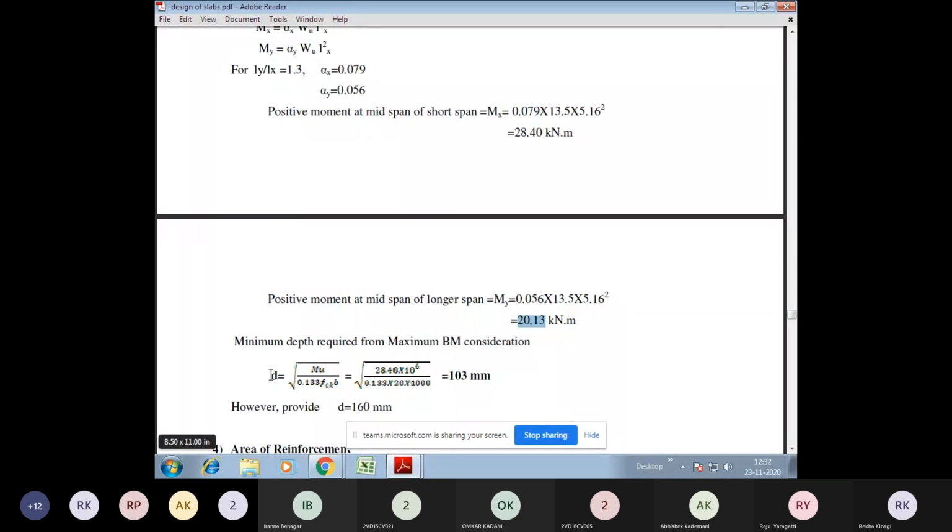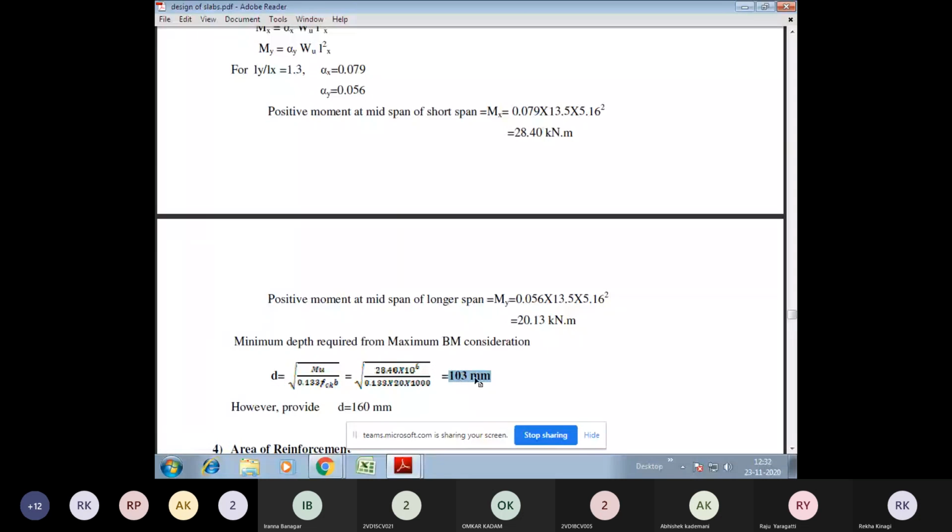So depth required is equal to mu divided by 0.133 fck into B, that is 20 into B, that is 1000 mm. So it will turn out to be 103 mm, and this is depth required.